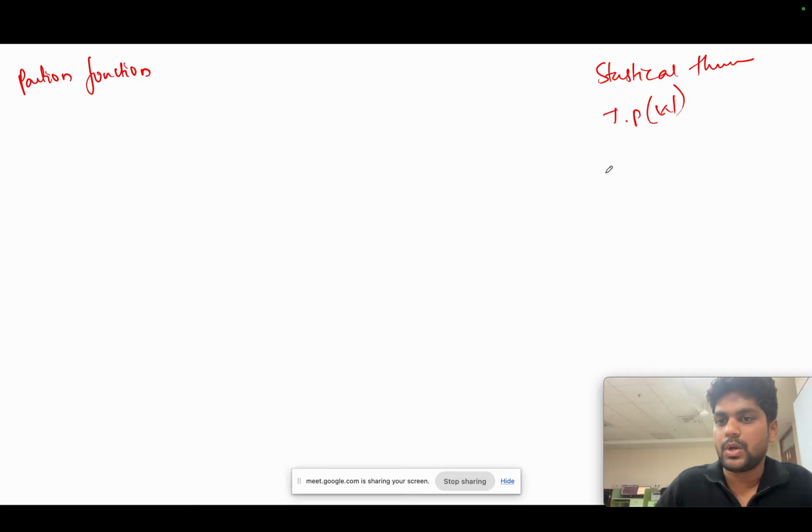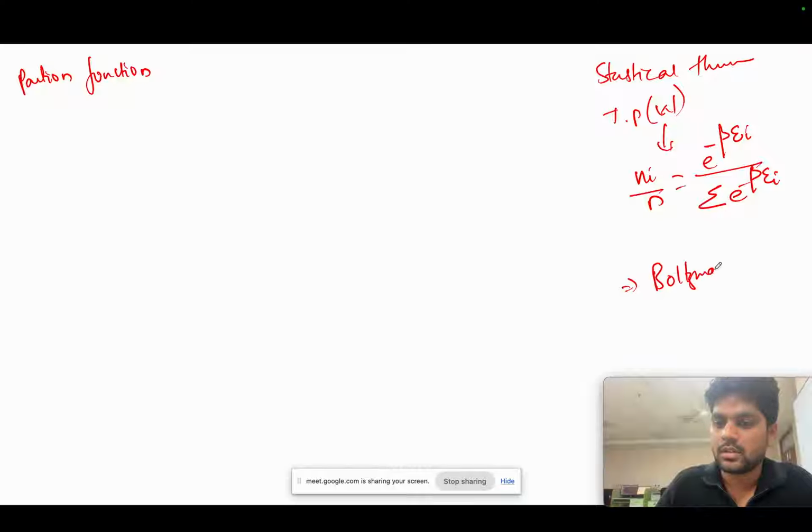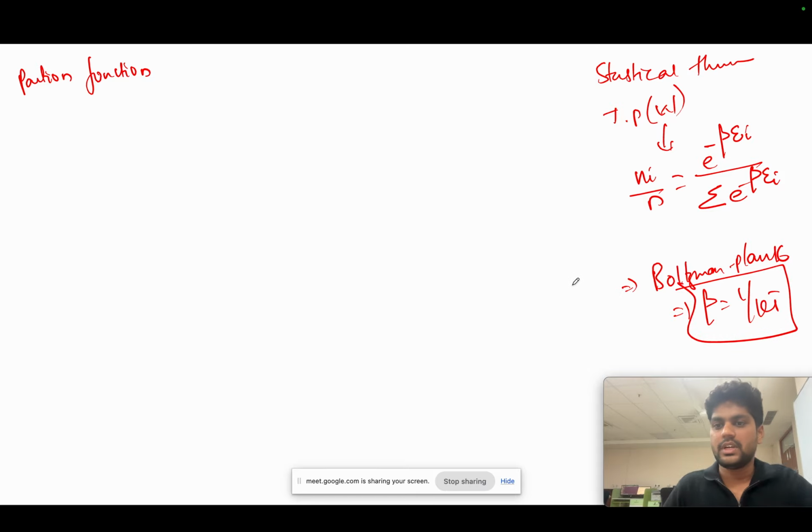Once we discussed the thermodynamic probability, we got the equation of number of particles in ith state versus this equation. Then we didn't know what beta is, so we solved the beta equation using the Boltzmann constant, where we got beta as 1 by kT.